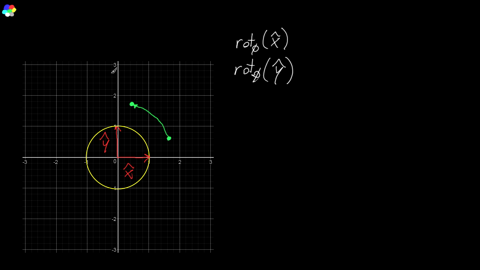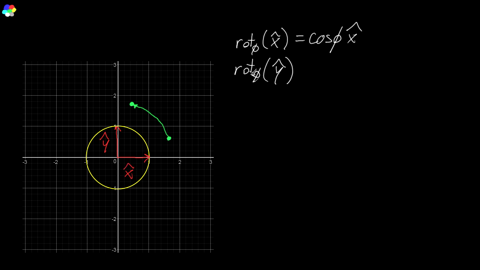Specialized, very specialized function. So you guys can already tell me what the rotation of x hat by angle phi is going to be, right? Because this is just a point in the standard position, length of 1. You don't even need to scale it. All you do is say this is going to be equal to cos phi times x hat, right?